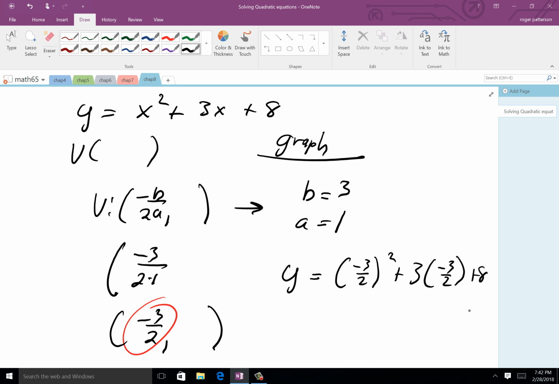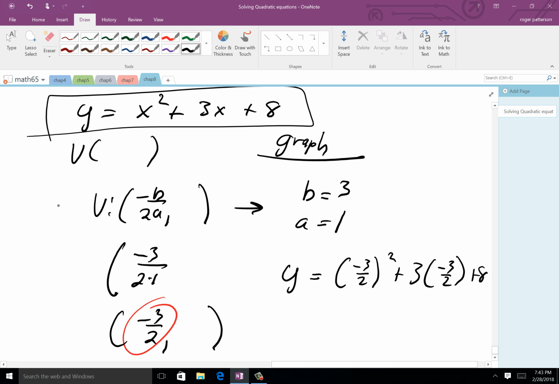So if it was me, I'd probably just graph it, because I told you can go in Desmos, graph it, find the vertex, find the x-intercepts, sketch the graph, if it's in this form. All right, you can do the negative b over 2a thing, but then once you get the x-coordinate, you've got to shove it back in. Use a calculator, because you probably don't want to do that by hand. All right, because that'd be pretty messy.